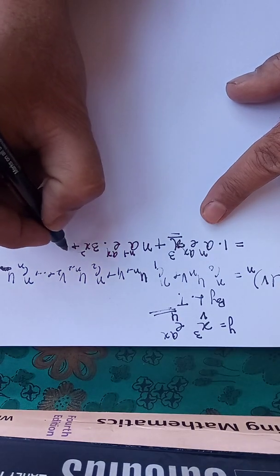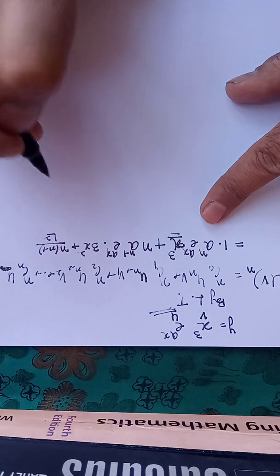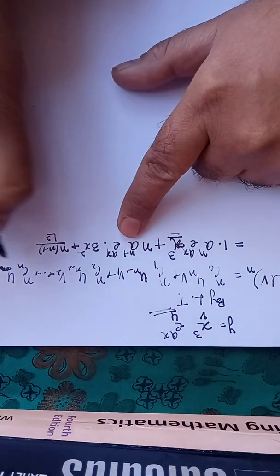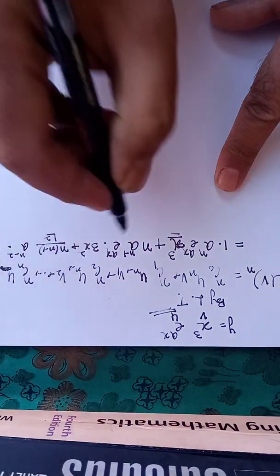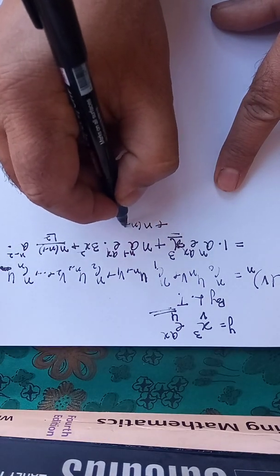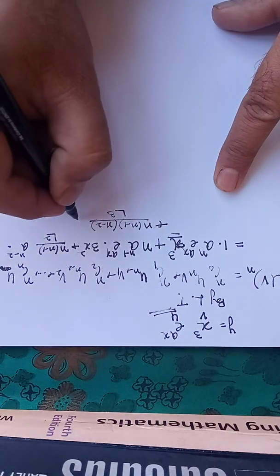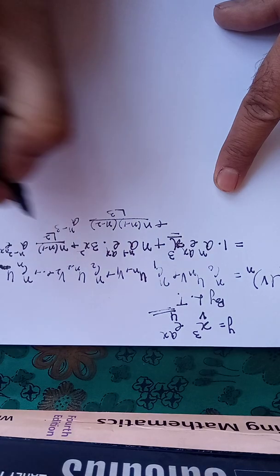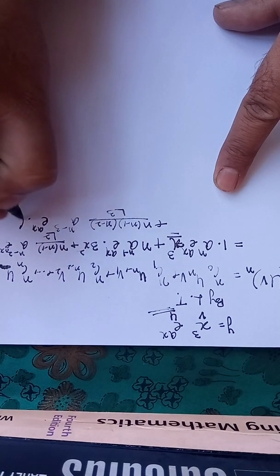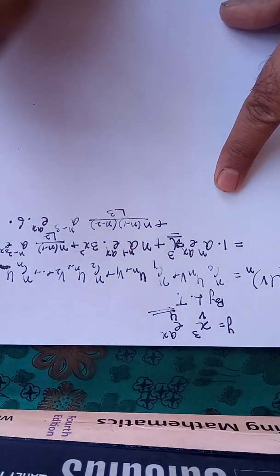Then nC2, n into n minus 1 by factorial 2, a raised to power n minus 2, second derivative is 6x. Then n into n minus 1, n minus 2 over factorial 3, a raised to power n minus 3, e raised to power ax into 6, and then this will be 0. So you will conclude up to this only.